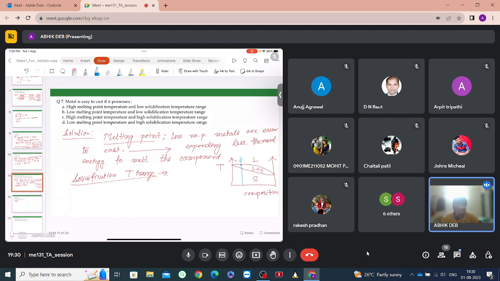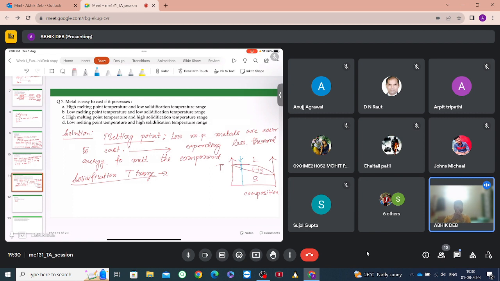This is the point where the solidification will start. That is, from the liquid region, certain amounts of solid phase will start forming. At any point within this, it will be a mixture of liquid and solid. And after this point, there will be no further liquid, it will only be solid. So this range of temperature is called the solidification temperature range.